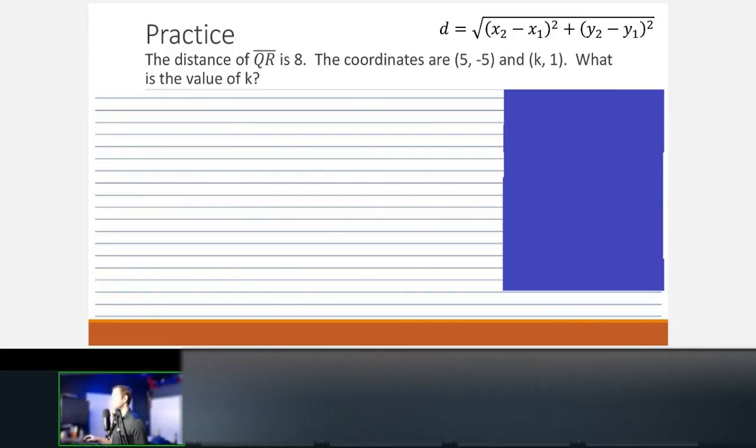All right. What did everyone get for their K value? Looks like somebody already posted. We have K is 5 plus or minus 2 radical 7.